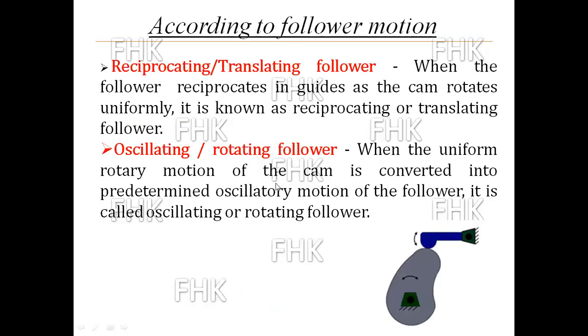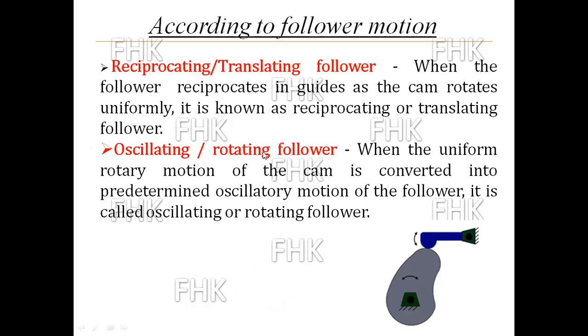Now come to the second category. According to the follower motion, the followers are classified as a reciprocating or translatory follower and an oscillating or rotating follower. First one, reciprocating follower: when the follower reciprocates in guides as the cam rotates uniformly, it is known as a reciprocating or translatory follower.